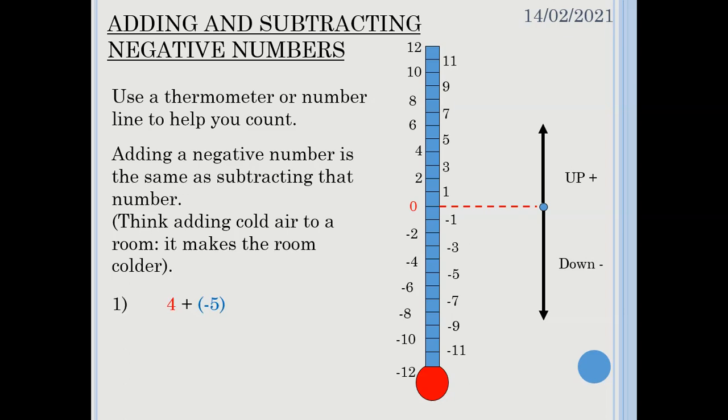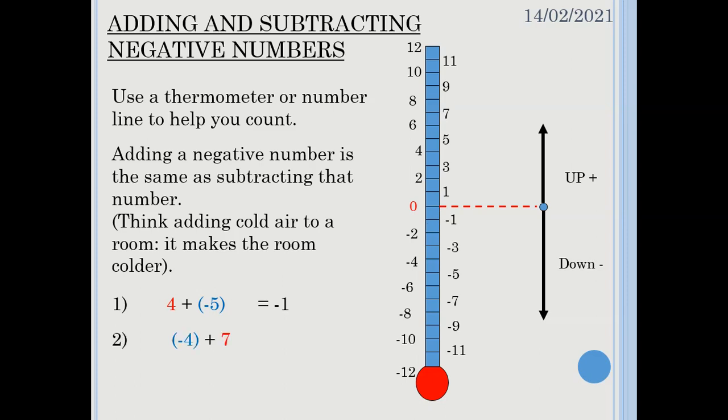So if we had 4 add -5, there's 4 there on the thermometer. It's going to go down 5 degrees, -1. So our answer is -1. Hopefully you saw how we've used that thermometer there to find that answer.